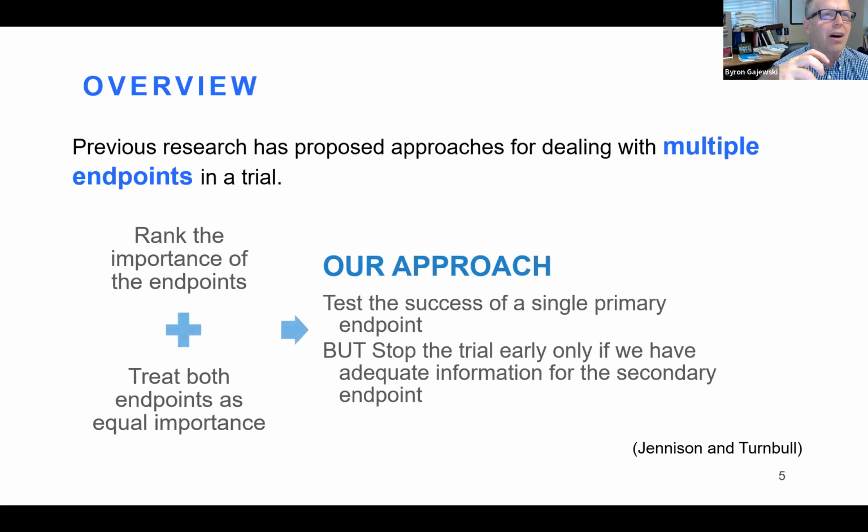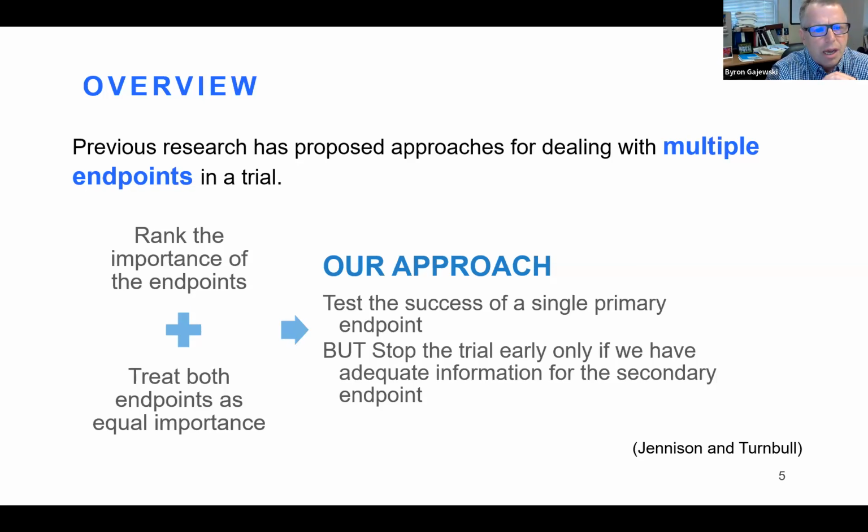And you can think of allocating, you have certain costs in the trial associated with type 1 error. A lot of it could be allocated towards the primary endpoint and a little bit less to the secondary endpoint. And that could be done by rank ordering them. We could treat both endpoints as being equally important, and we could apply a Bonferroni correction.